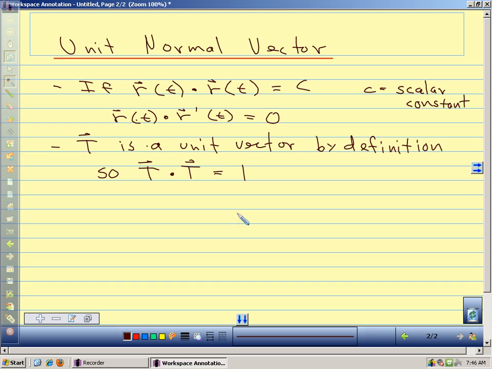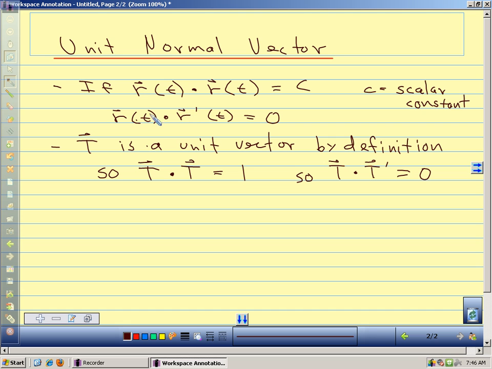Remember, if you take the dot product of a vector with itself, you get the magnitude squared. So because T is a unit vector, T dot T equals 1. So T dot T is a constant. This means that T dot T prime has to equal 0 by this property.